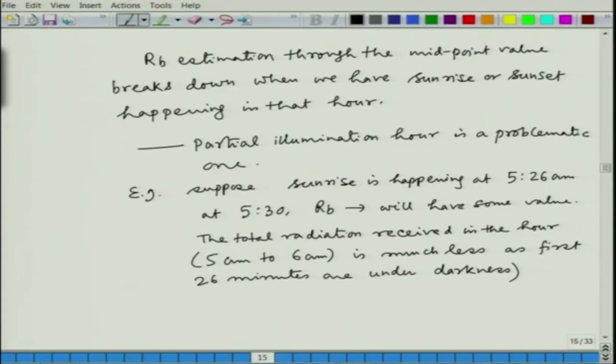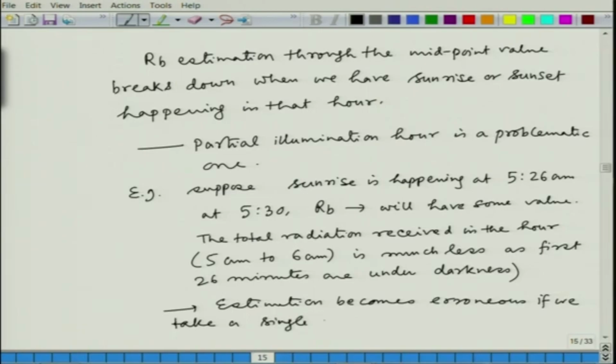So, the estimation becomes erroneous if we take a single value of R B corresponding to the midpoint.